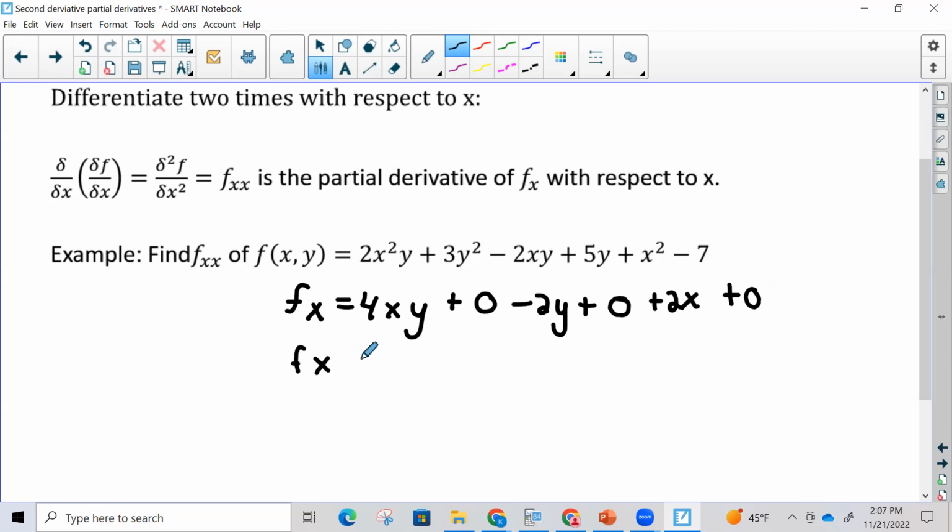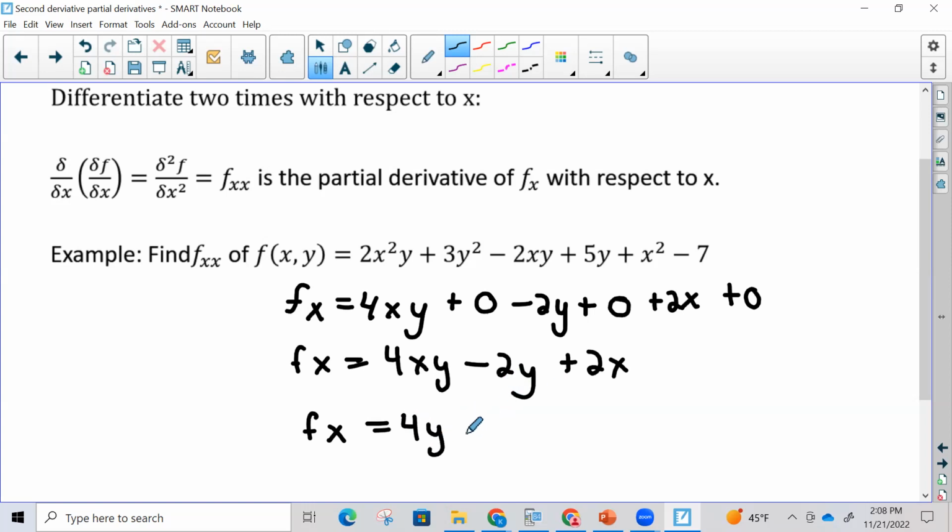And so my first derivative with respect to x is 4xy minus 2y plus 2x. Then with this function, we can take the second derivative again, with respect to x or with respect to y. When it says f of xx, that means we're taking it a second time with respect to x. So the derivative of 4xy would be 4, and we leave the y.